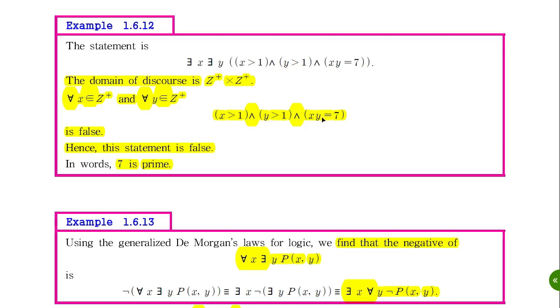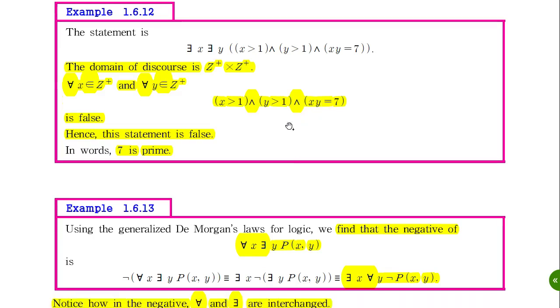Other than that, there are no positive integers x and y whose product is 7, because it's a prime number.